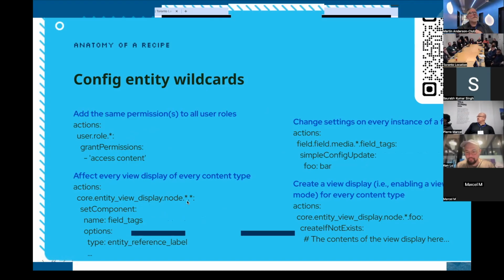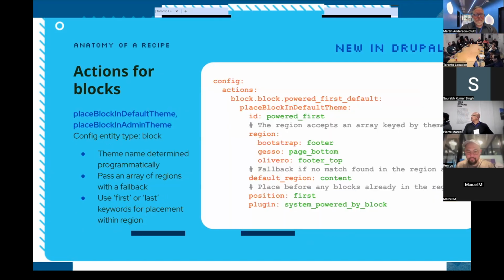So you can think about if you were going to do those explicitly one by one on a big site, that could be a lot of configuration you would have to provide, and you wouldn't necessarily know you would catch all of them because you might write it for a particular moment in time, and then somebody adds another content type, and you reapply that recipe, and now you've got one that doesn't have that. Whereas by having these wildcards, it's going to catch all of the ones that are available and so on. So lots of flexibility has gone into the design of the whole recipe system here.